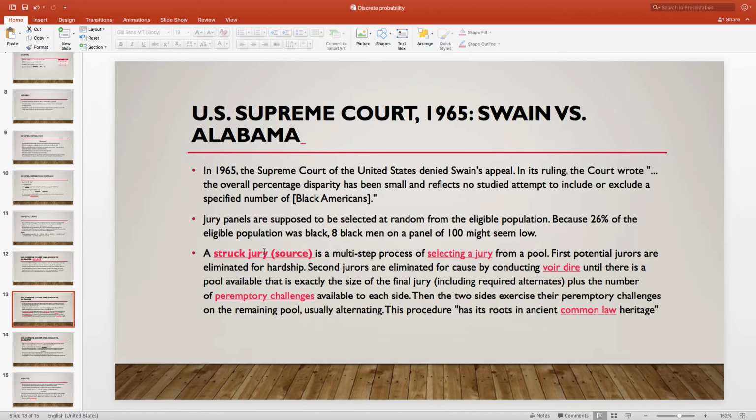There's a thing called a struck jury, which is a part of selecting a jury from a pool. First, potential jurors are eliminated for hardship. Second, jurors are eliminated for cause by conducting voir dire, until there is a pool available that is exactly the size of the final jury plus the number of peremptory challenges available to each side.